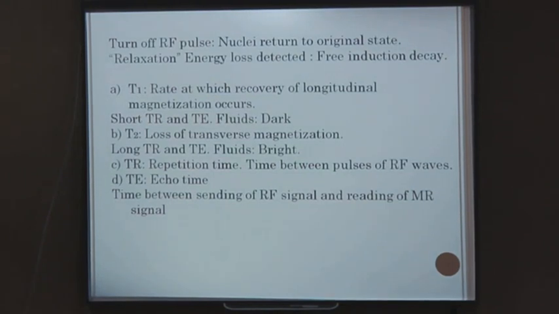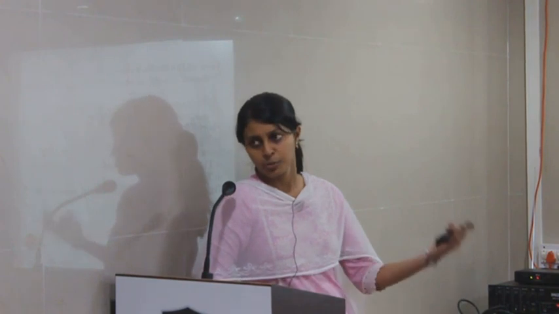And there is something called as repetition time, TR. That is nothing but time between the pulses of RF waves that you are sending. RF waves are sent proportional to your Larmor frequency. And the time between each pulse that you are sending of your RF waves is your repetition time. And the response which you are getting from the patient is your echo time, TE.